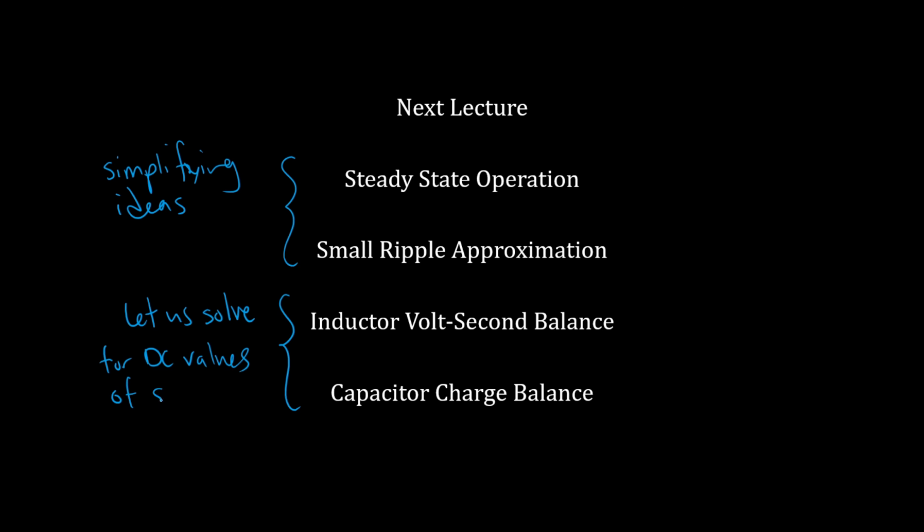And these two ideas let us solve for DC values of things. And that is kind of a critical concept, right? Because that's what we were doing with the buck converter. We wanted to know what the DC voltage of our square wave was, and these tools allow us to do that. So that's what we'll do in the next lecture.